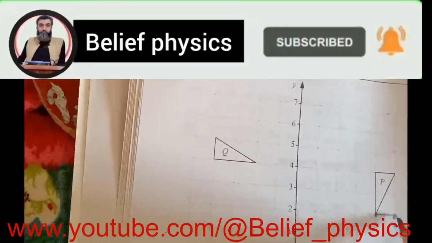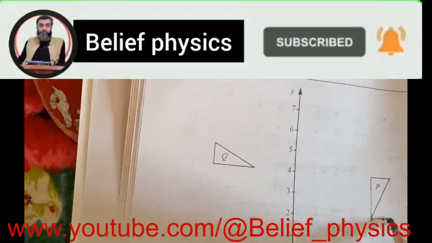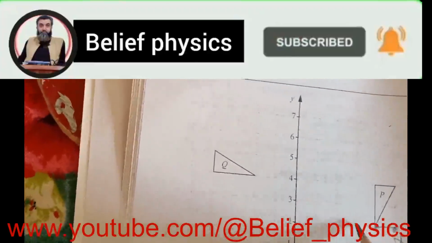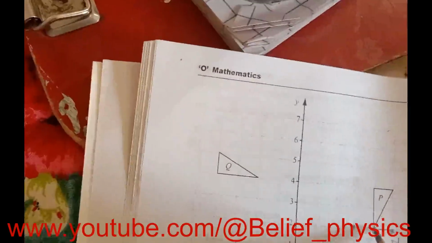Its image under the enlargement of scale factor 2 will be at double the distance from X. This is 1, this is 2, so this is the image of this point. Similarly, this point is 2 boxes away, so its image will be 4 boxes from here, because the scale factor is positive, so it is on the same side. 1, 2, 3, 4, so it will be here. This is the image of this point.